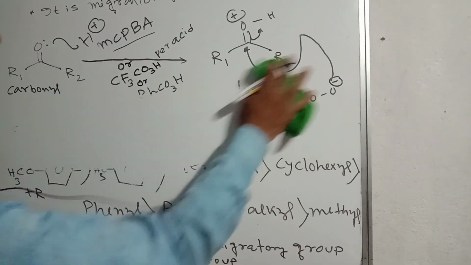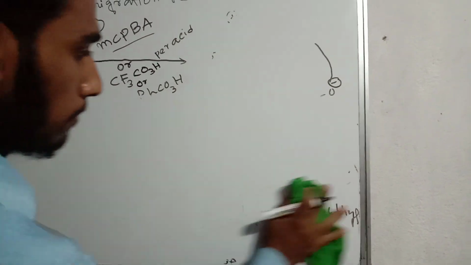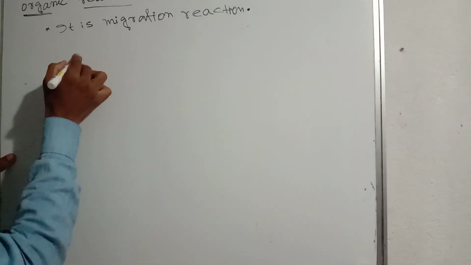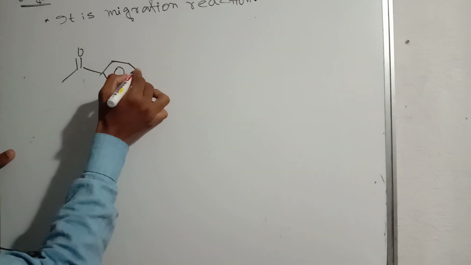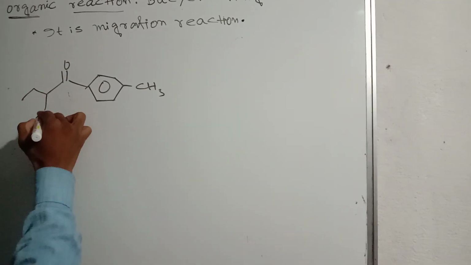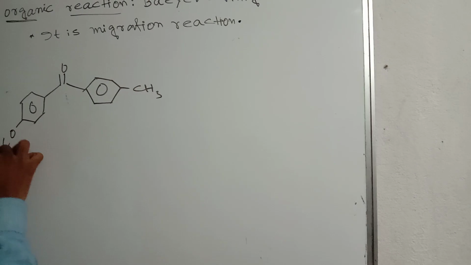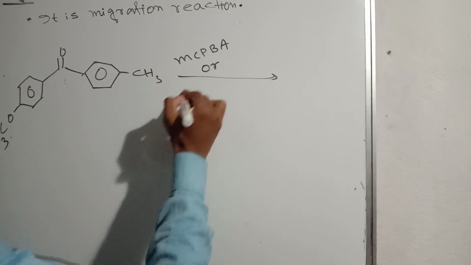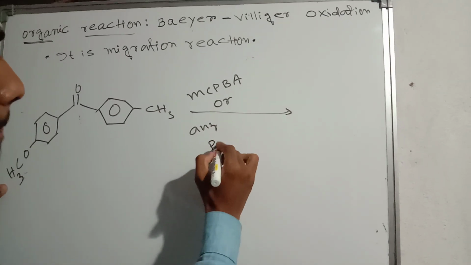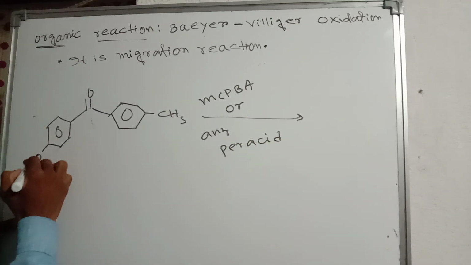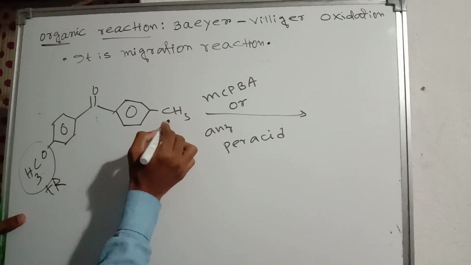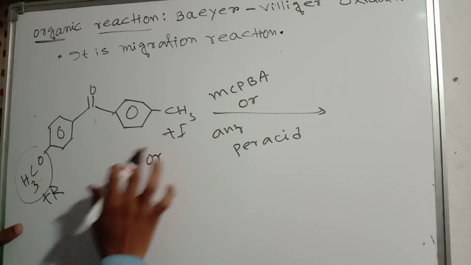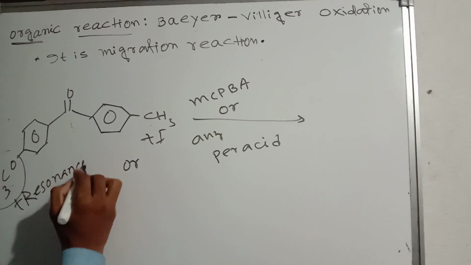Now take another example. If we take this in the presence of mCPBA or any peracid, we get, since OCH3 has a plus R effect, meaning resonance, while CH3 has a plus I effect, or hyperconjugation.